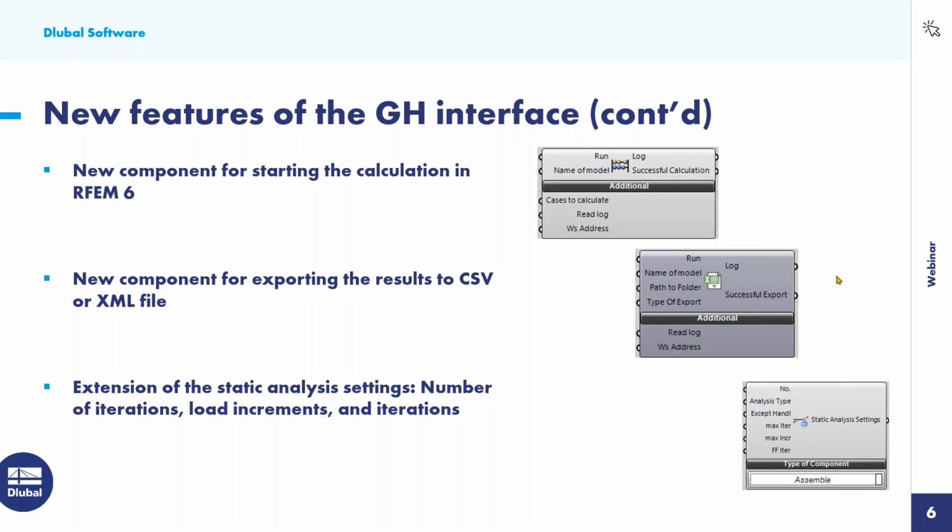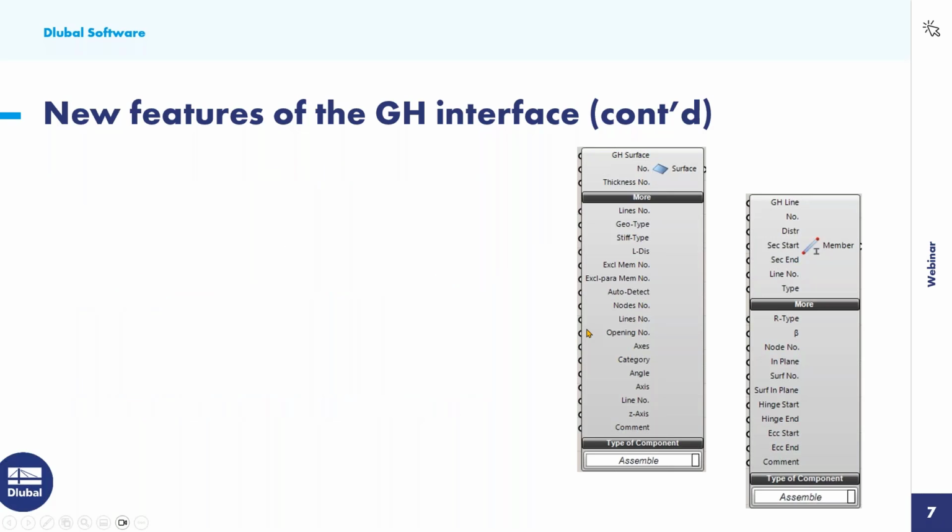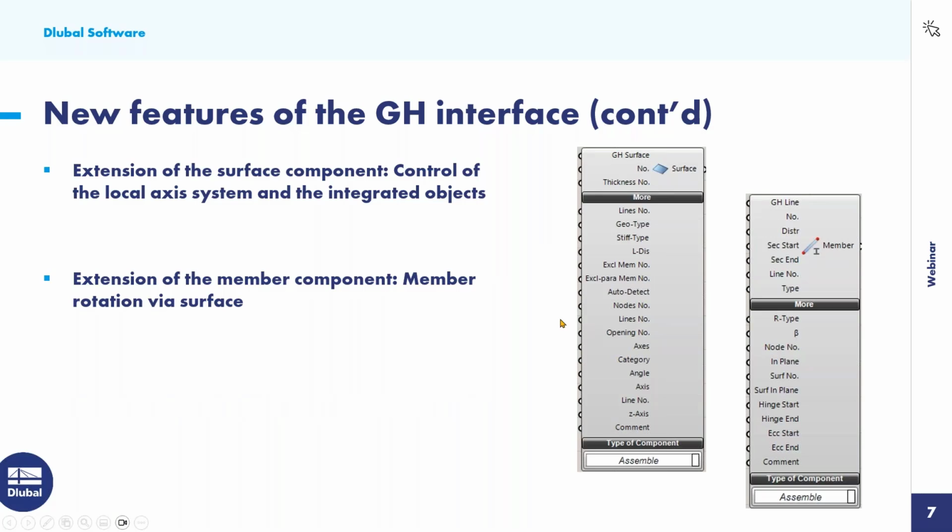And additionally, we extended the static analysis settings component with the number of iterations, load increments, and form finding iteration, and added form finding iteration options as inputs as well. We extended also the surface component. So now you can control the local axis system as well as the integrated options via new inputs.